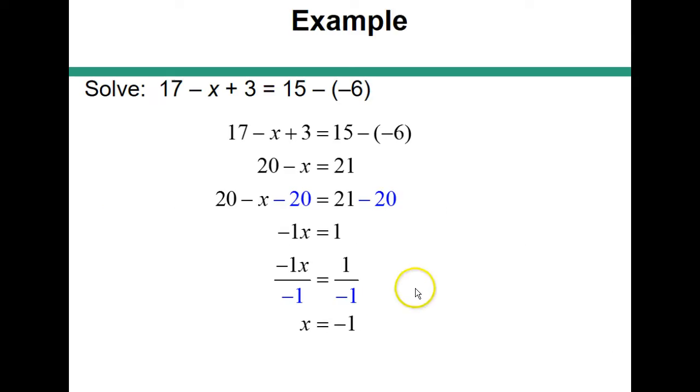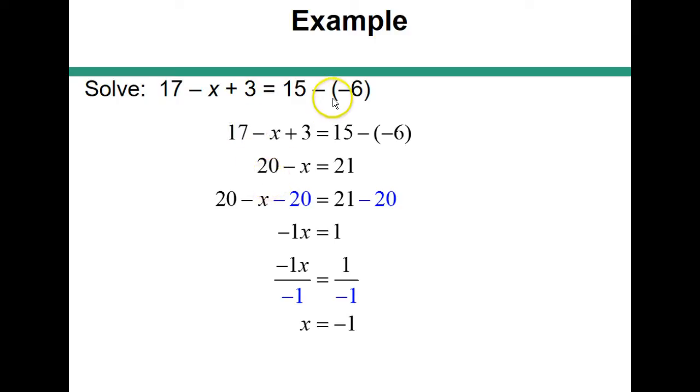Now, here they're giving us a particular example. We know it's an equation because of the equal sign. And there are no fractions. So on this side, we're going to collect like terms. We have 17 and 3 that will collect to 20.